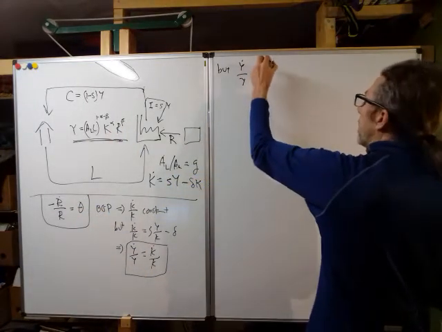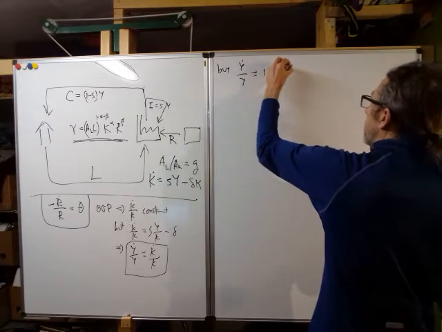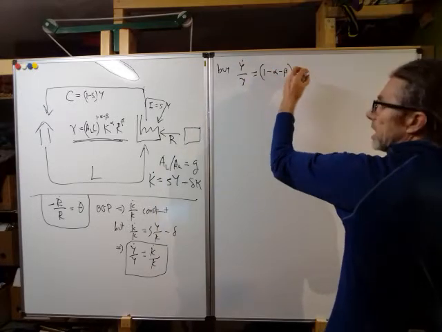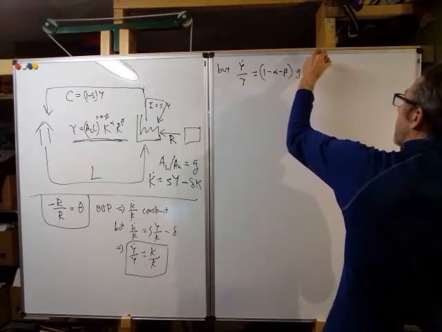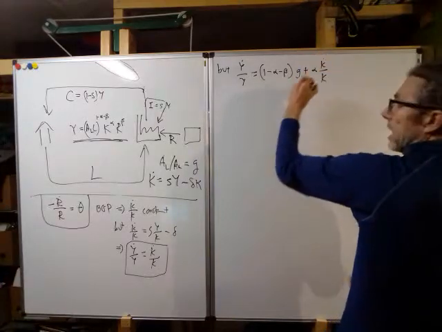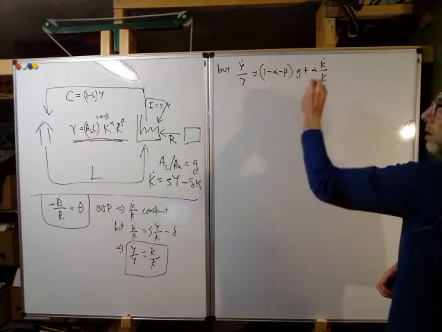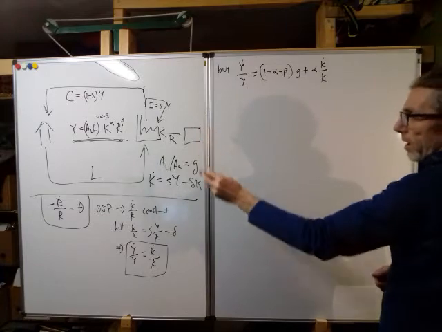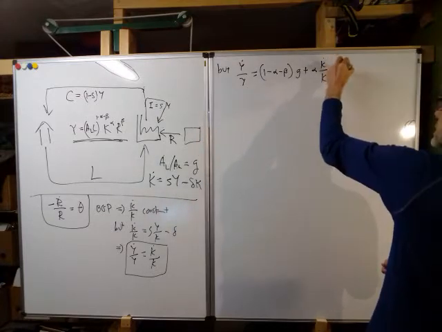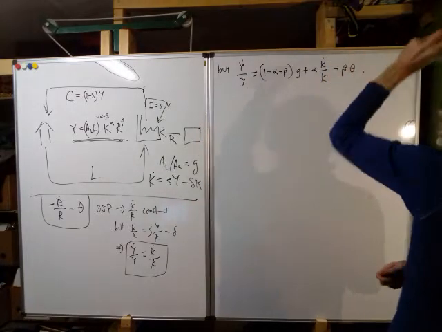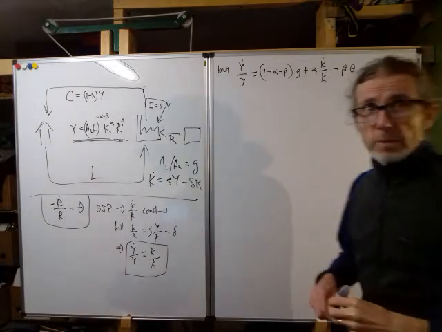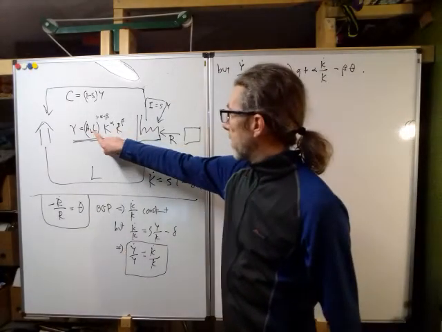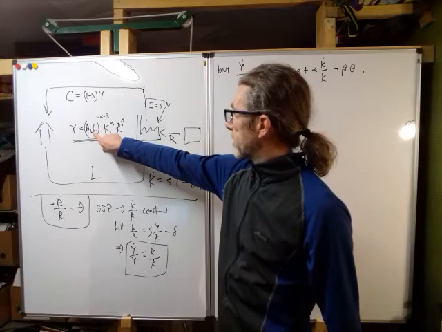So Y dot over Y is 1 minus alpha minus beta, G plus alpha, K dot over K, plus beta R dot over R, which is minus beta times theta. Okay, and the other terms that could have cropped up, like with L dots in them, for instance, are 0.